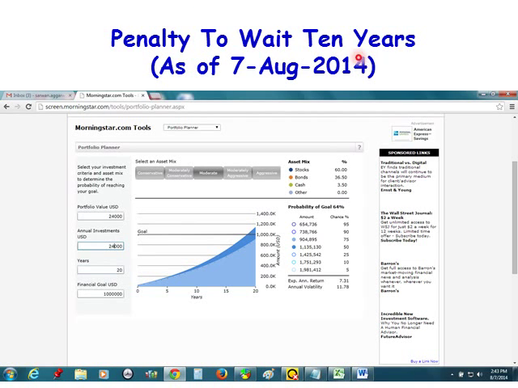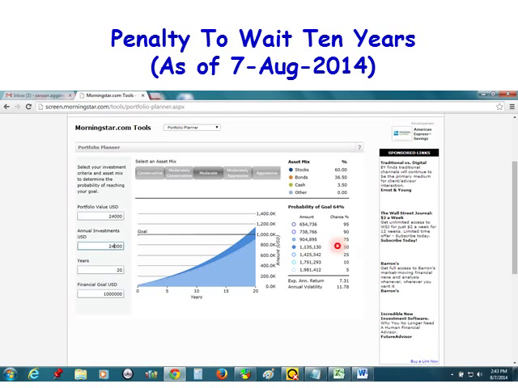Here, just for the fun of it, I added this extra portfolio. In case you decide to wait 10 years and only invest for 20 years to expect to make $1 million, then in the same portfolio you will have to invest $24,000 to start with and $24,000 every year for 20 years to expect to get $1 million, with similar probabilities right here: $1.1 million with a 50% probability.